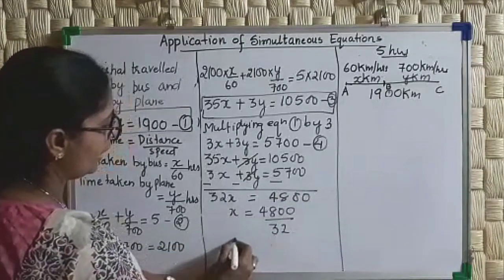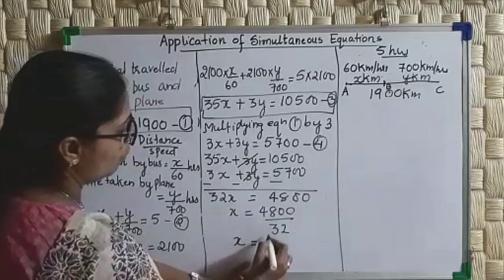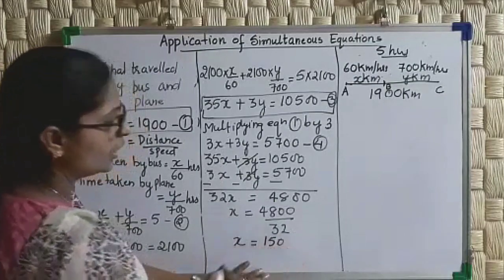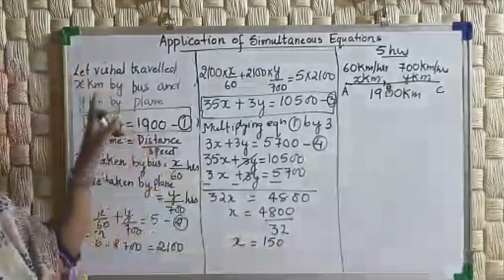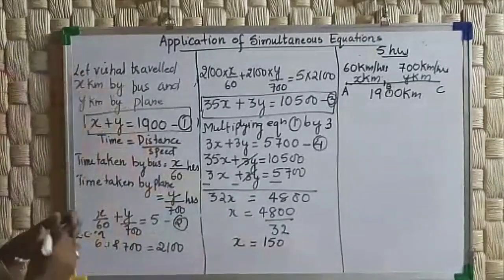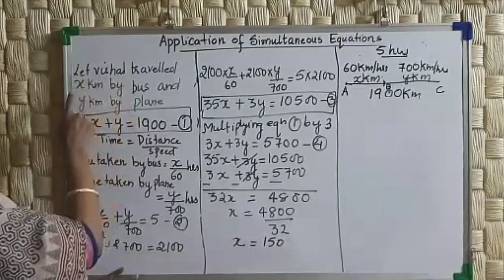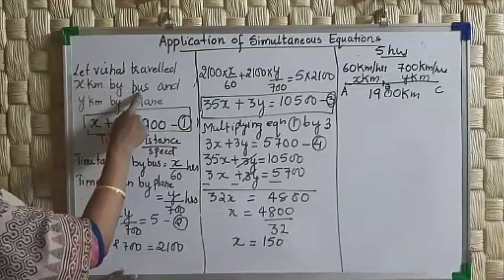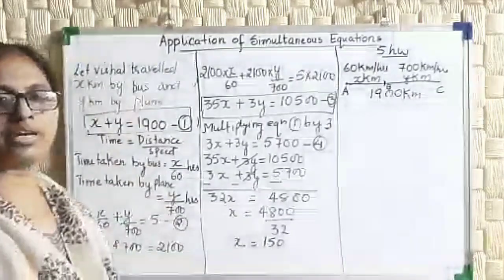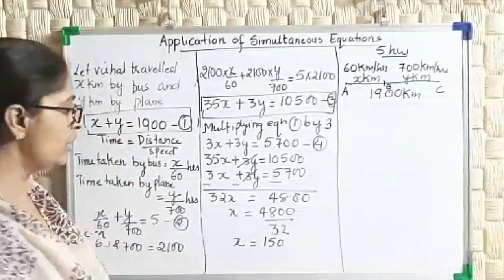So the value of x will be 150. Now x is the distance travelled by Vishal by bus. That is what we have to find out in this question.